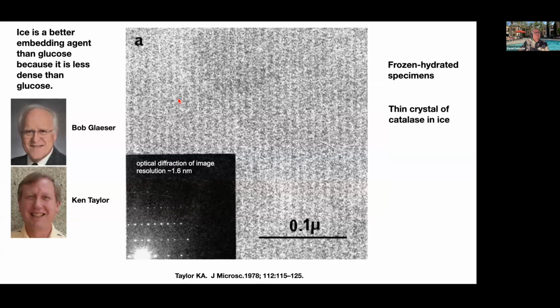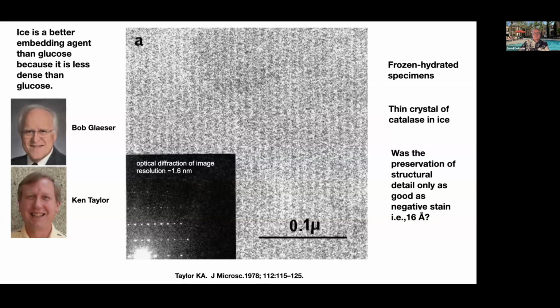So here's an image from Bob Glaeser and Ken Taylor. They built a cold stage for their microscope, and they were able to obtain an image of a thin catalase crystal. The diffraction pattern in the image goes out to about 1.5 nanometers.